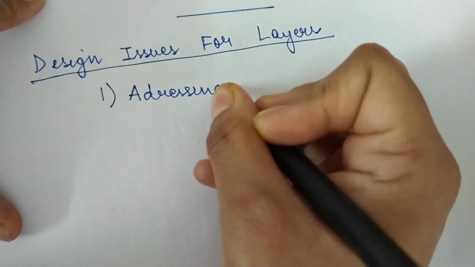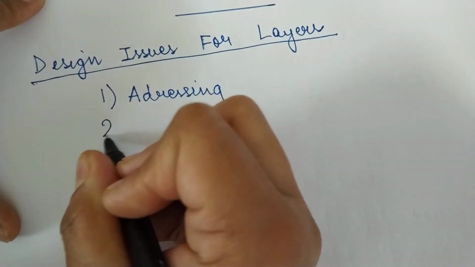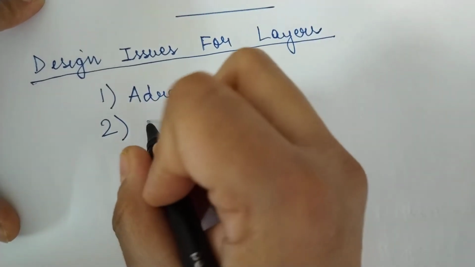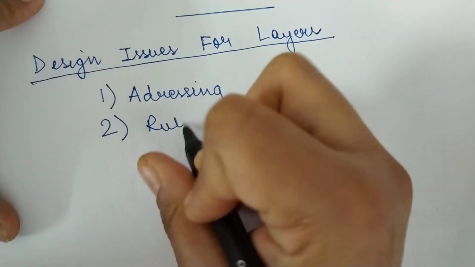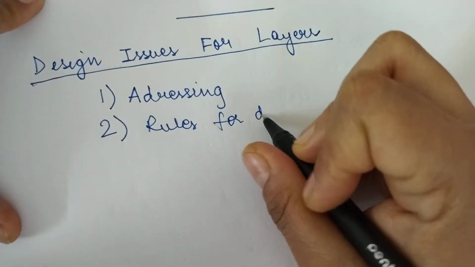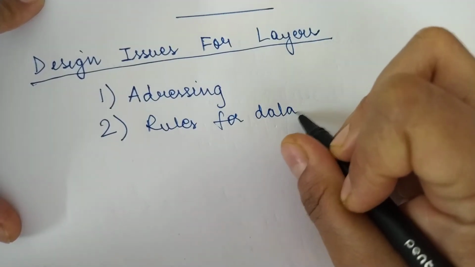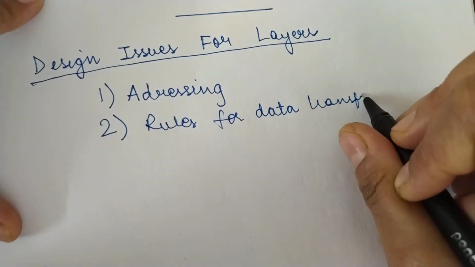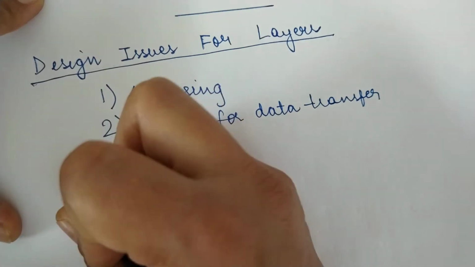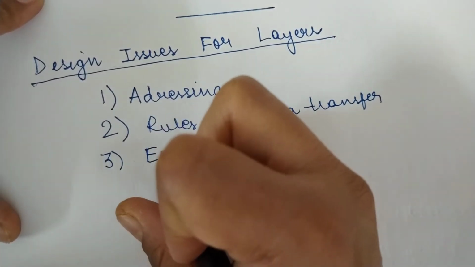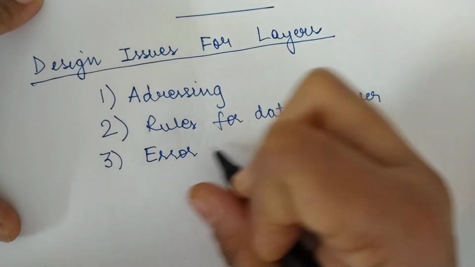Then is your set of rules for data transfer. Then the third important issue is error control.